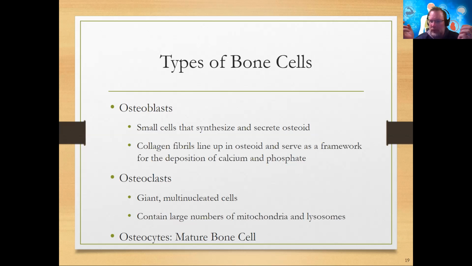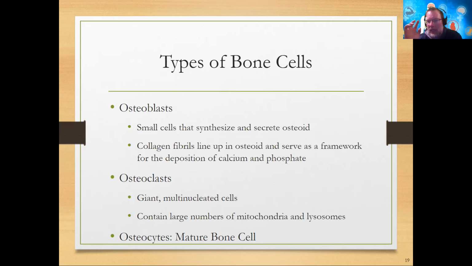Okay, so they help with depositing calcium and phosphate. Blasts build bone. Clasts are the kind of masters, if you will, of the sculpting of the bone. So the clasts are going to chisel bone.